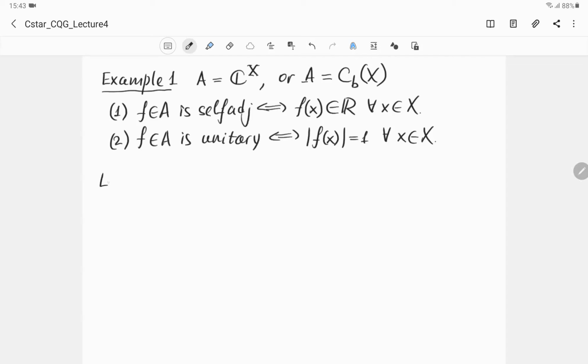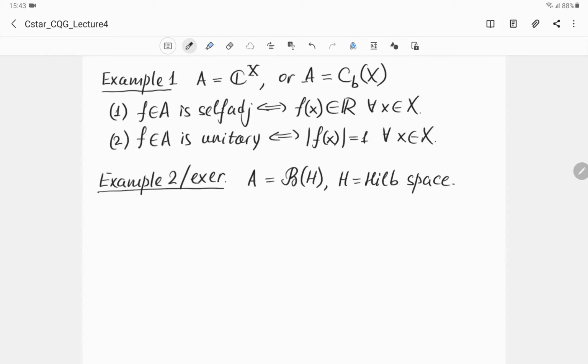Well, another example, and an exercise in functional analysis. Suppose now that A is the algebra of bounded linear operators on a Hilbert space. Then an operator T on H is self-adjoint if and only if the respective quadratic form is real.